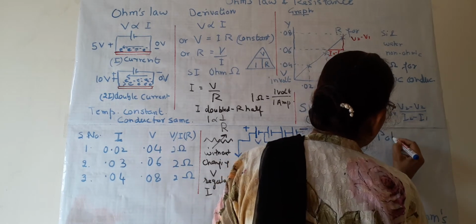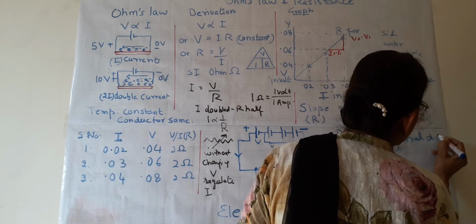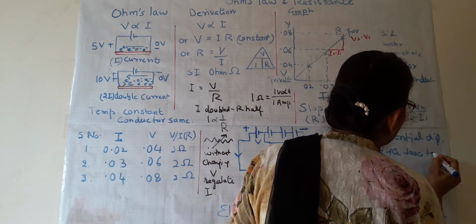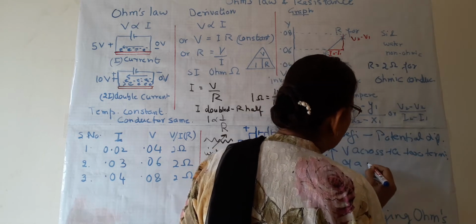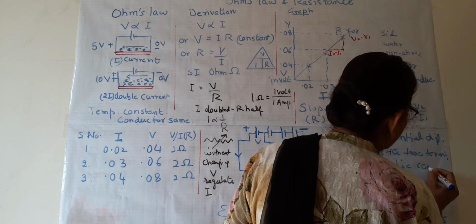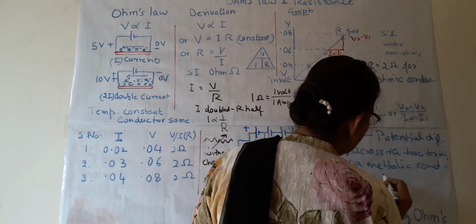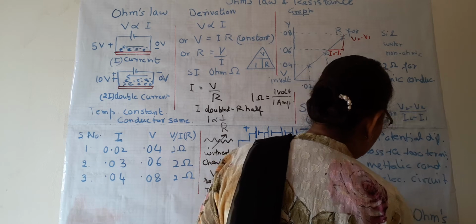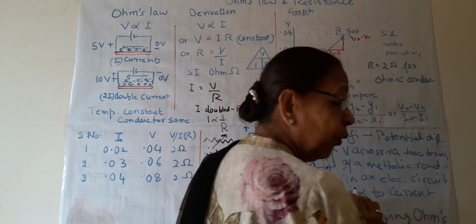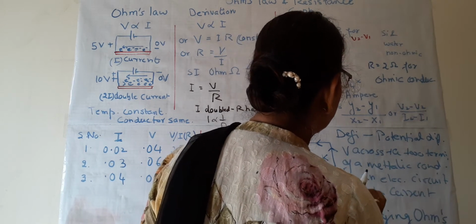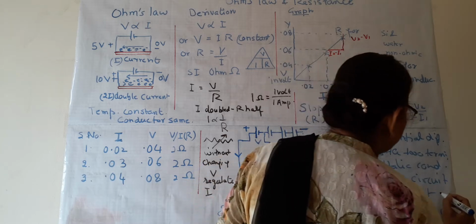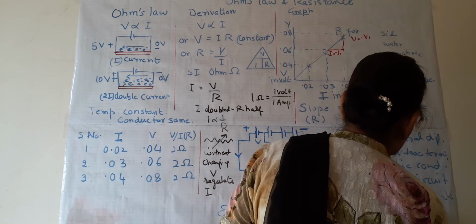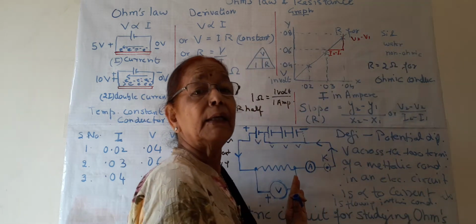That is, you start with potential difference V across the two terminals of a metallic conductor in an electric circuit is directly proportional to current which is flowing in this conductor, provided the temperature remains constant.